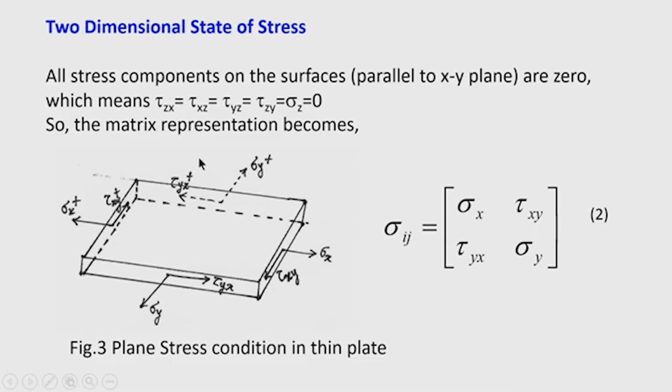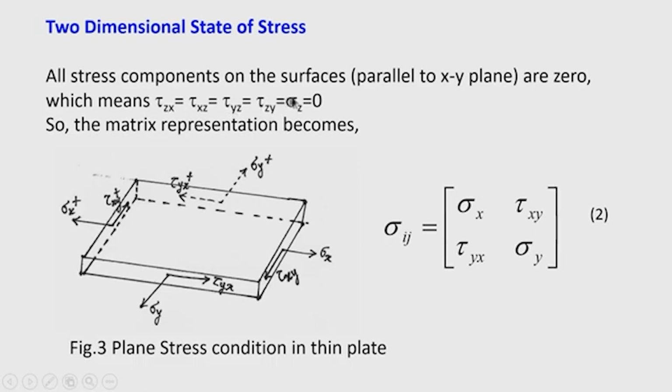So, if I consider a normal stress here, sigma z is 0 in case of plate problem, and the shearing stresses that are produced here, tau zx. If you see tau zx, z is the direction of normal, and x is the direction in which it acts. So, this is neglected, and similarly its symmetry part, that is tau xz, is also neglected, tau yz and tau zy are also neglected.